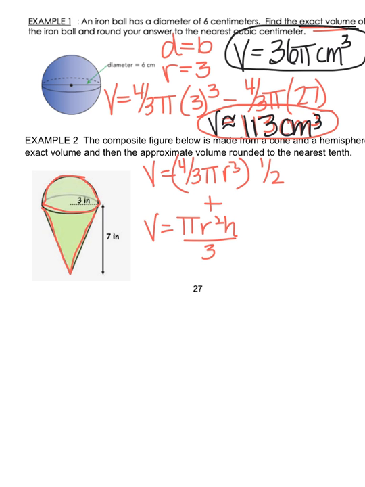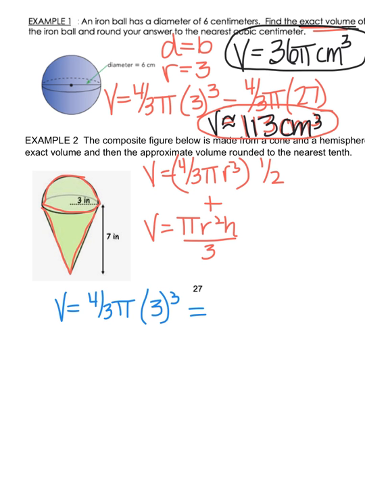All right. So the volume of the hemisphere. I'm going to change colors here. The volume equals 4/3 times pi times my radius, which is 3, cubed. And remember, I'm going to divide that by 2 or multiply by 1/2 when I'm all done. I'm going to leave my answer in terms of pi.